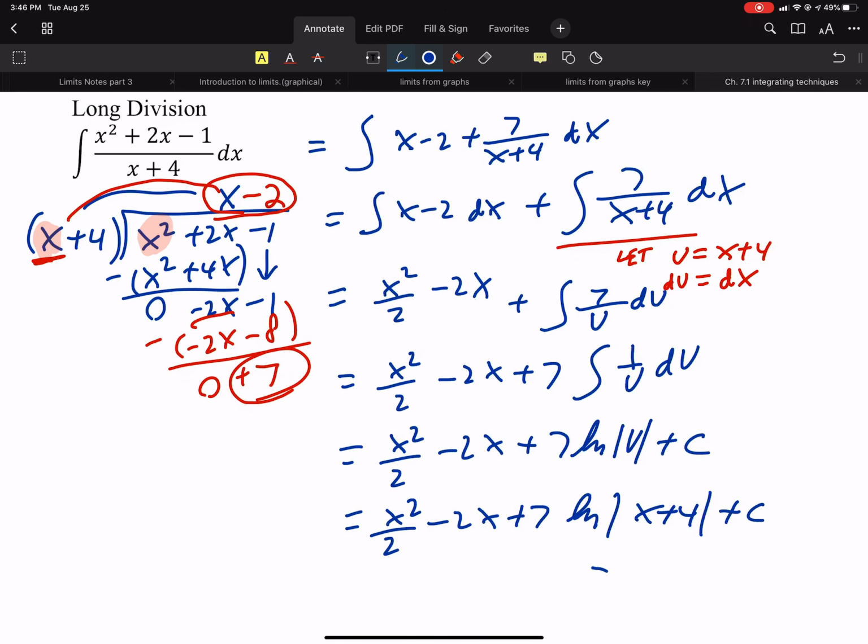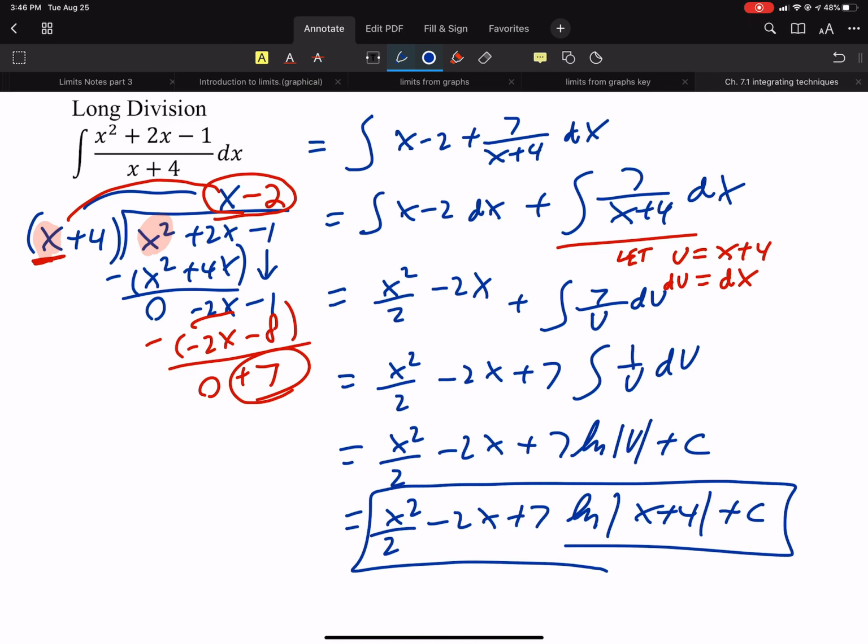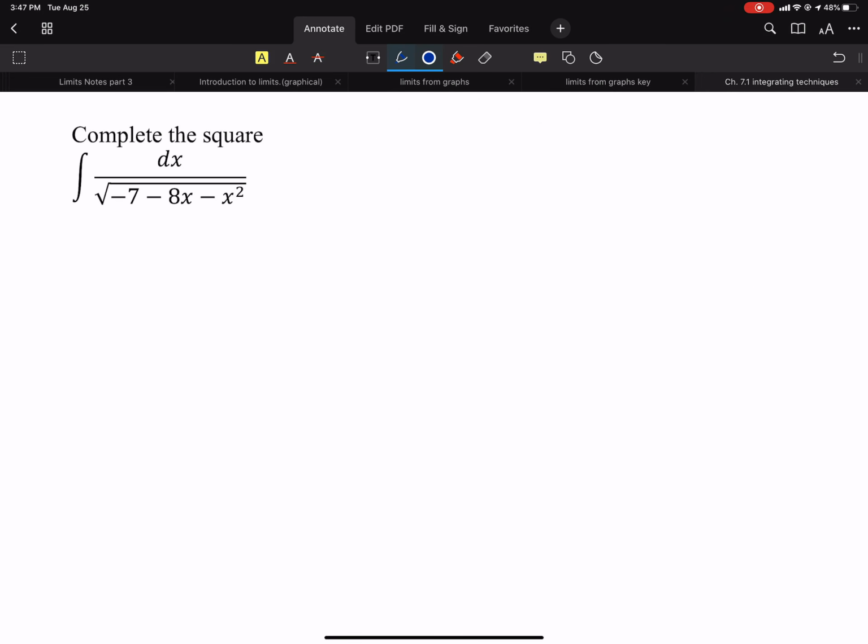So that is my beautiful answer using long division. That actually appears on AP tests occasionally, not very often. So that is that. We are going to move on to another technique here.